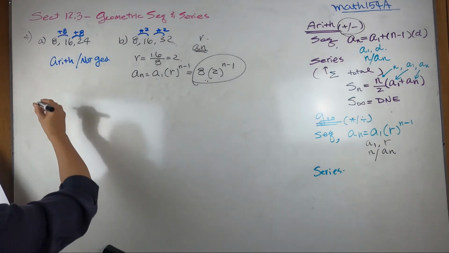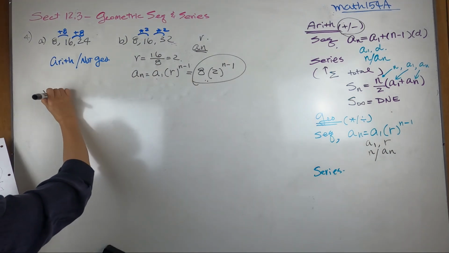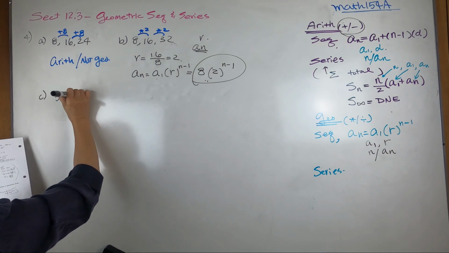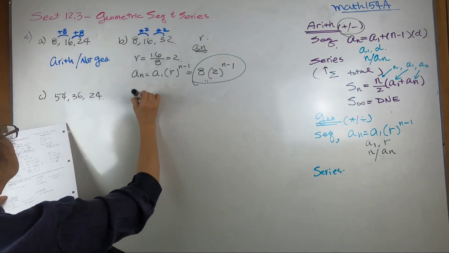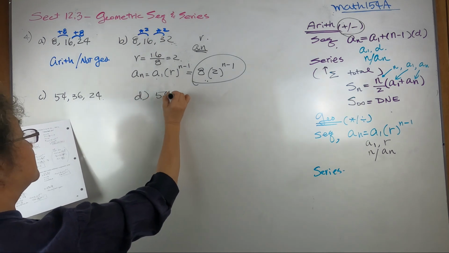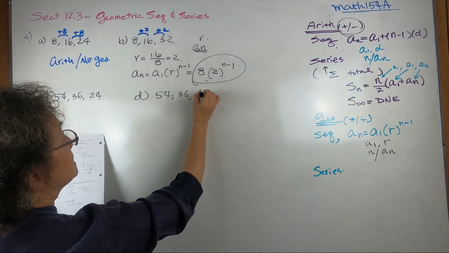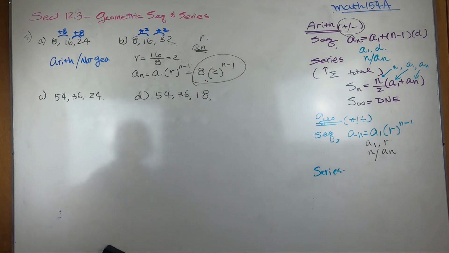All right, let's see. Next one, we have 54, 36, 24. This one, same thing, started from 54, 36, and 18. So let's take a look. If it's arithmetic, we should do what? Subtraction or addition, right?